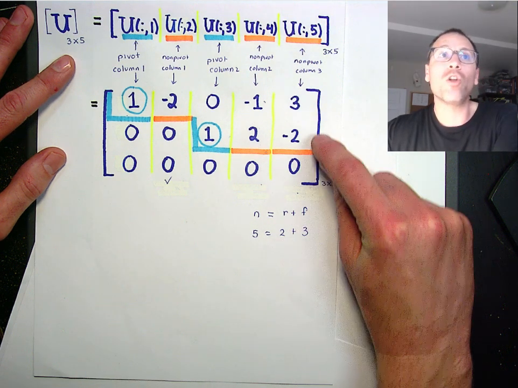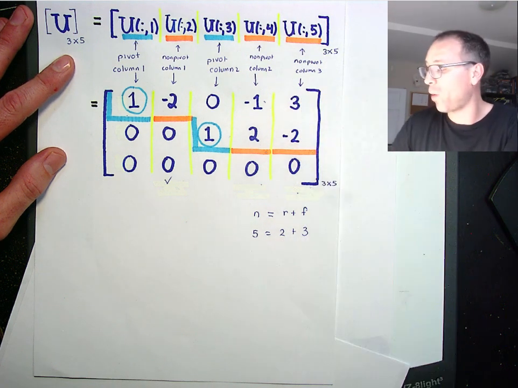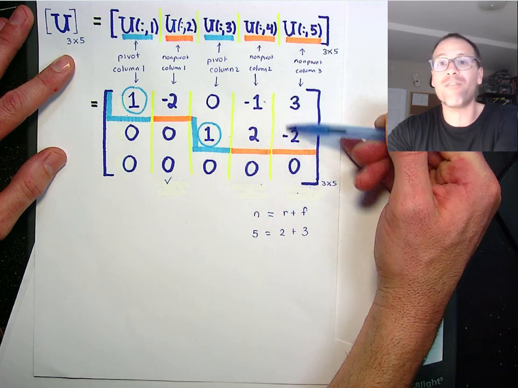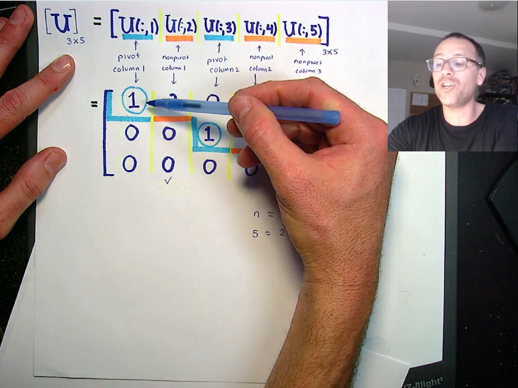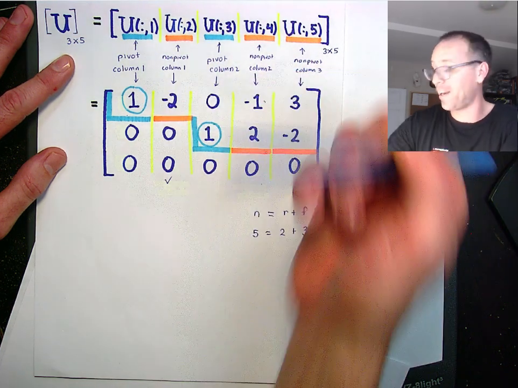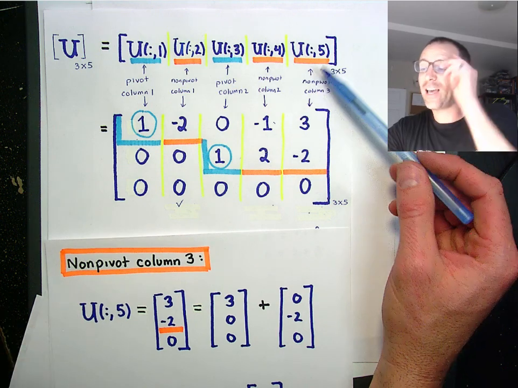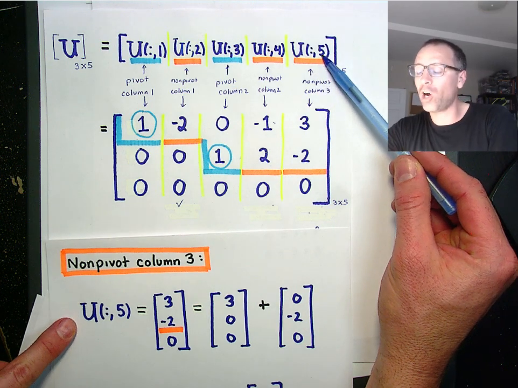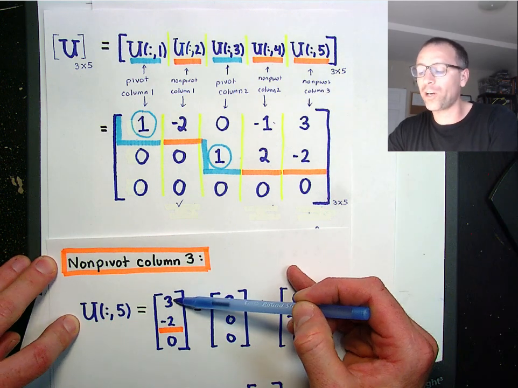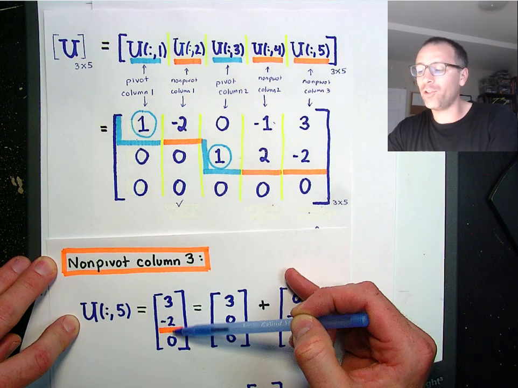With that in mind, we're going to look at the last non-pivot column, and we're going to say, given this stair-step structure, I can write the last column of my matrix as a linear combination of the previous pivot columns, or columns 1 and 3. I see that the fifth column of my matrix, or the third non-pivot column, is going to be a 3x1 column vector, 3, -2, 0.